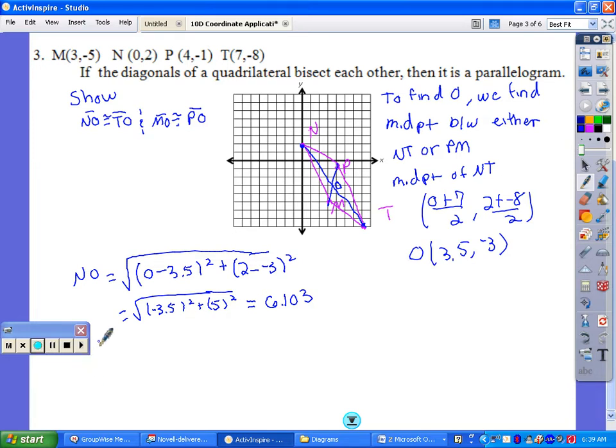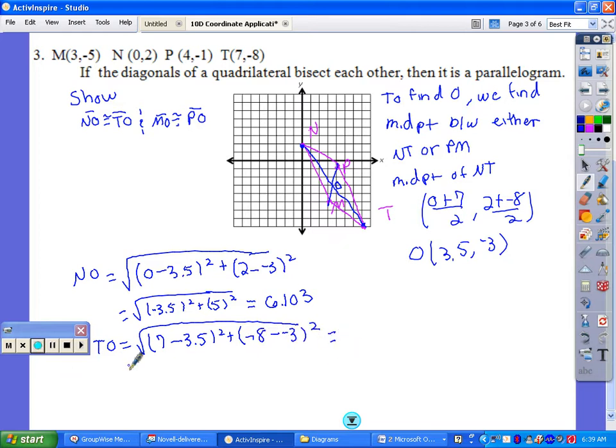Then we also have to find TO, and that should be the same distance. So I'm going to use my distance formula from that. So from T, it's 7 minus 3.5 squared plus, and then negative 8 minus negative 3 squared.